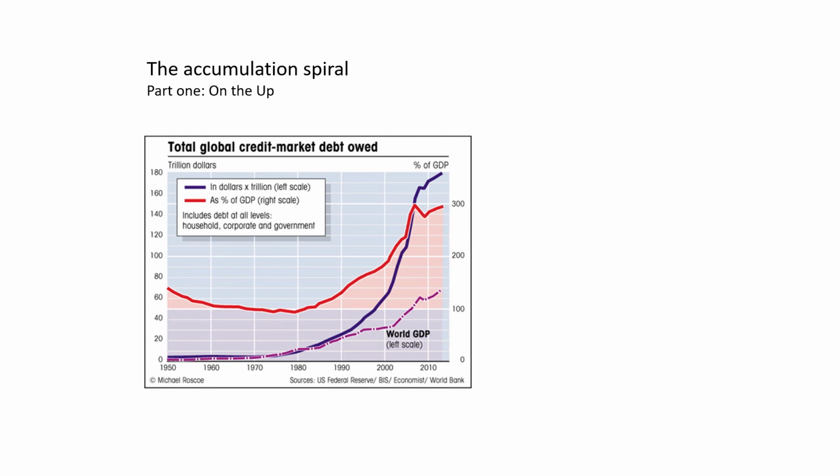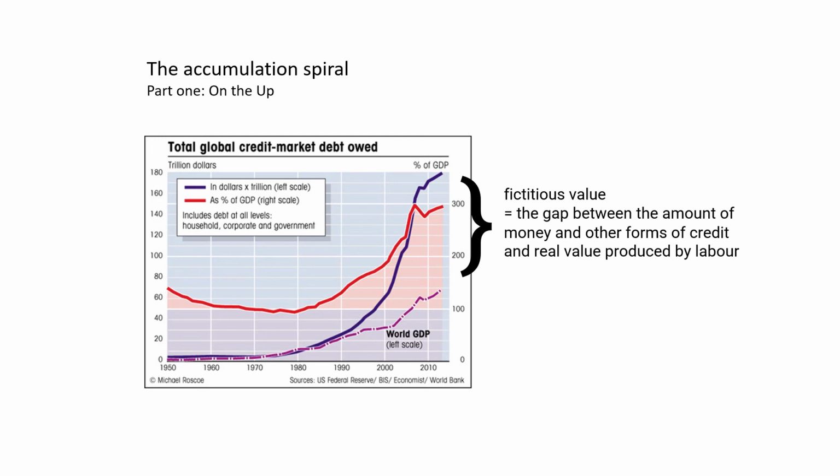The accelerating accumulation of fictitious capital, that's the gap between the face value of all forms of credit and the real value produced by labour, becomes an all-encompassing, corrosive end in itself, until the limits are reached.